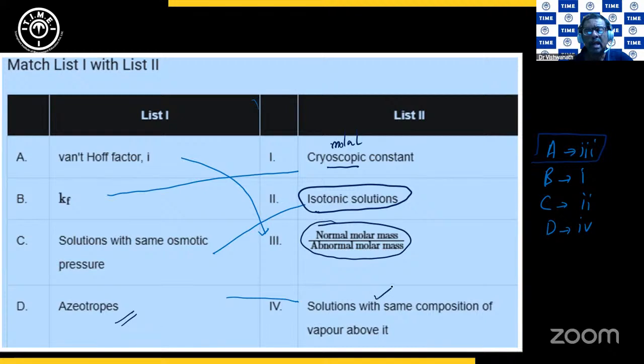The solutions will have the same composition of vapor above it, meaning the liquid mole fraction is equal to the vapor mole fraction, for the other component as well. In fact, this is from both components volatile.